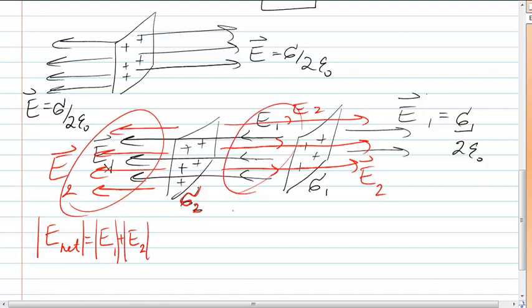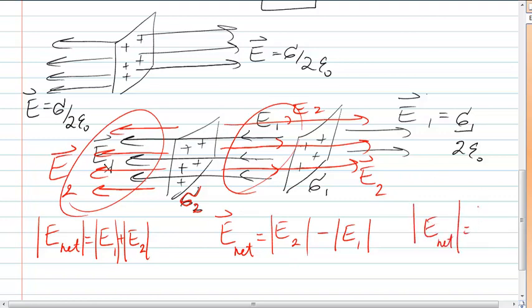But between them, the net magnitude would be right minus left, so it would be E2 magnitude minus E1, because they point in opposite directions. And over here on the right-hand side, the magnitude of E net would also be the sum E1 plus E2, because they point in the same direction. Okay, so that's how you handle infinite sheets of charge.